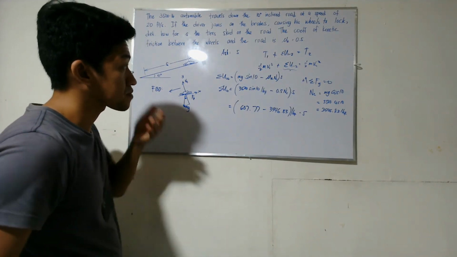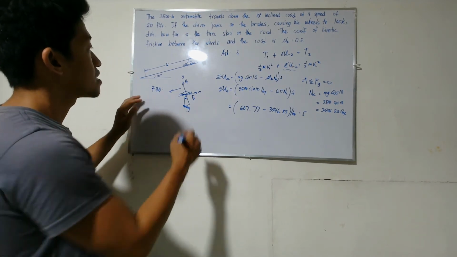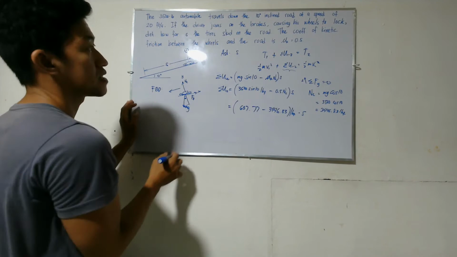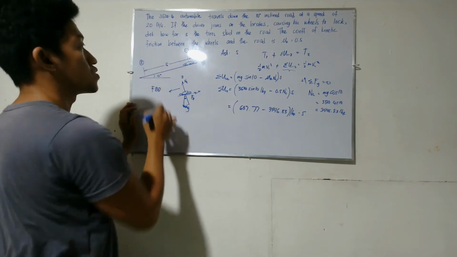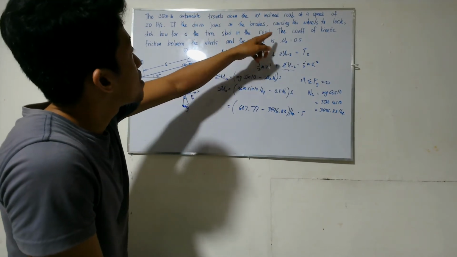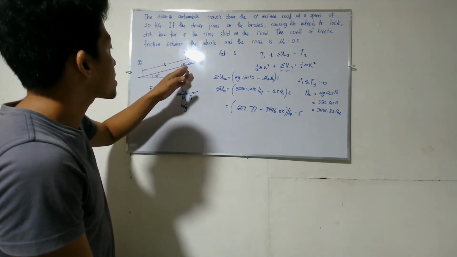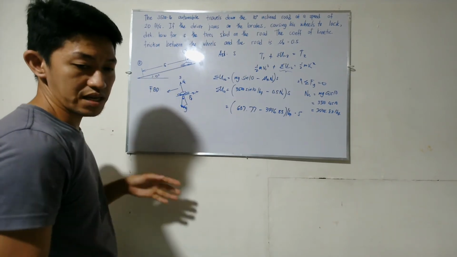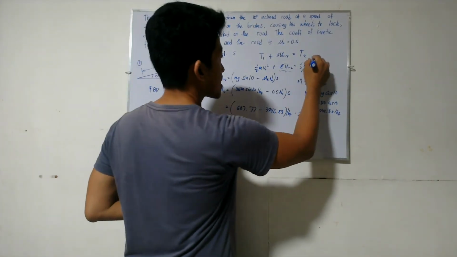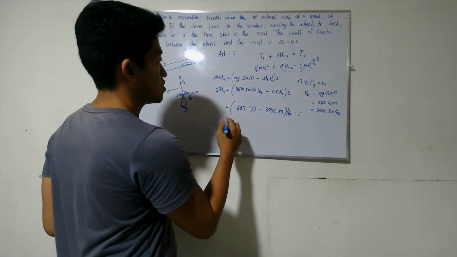Take note, this is your point 1, this is your point 2. Of course, the car stops running at S when it has no velocity. So the final velocity is 0.